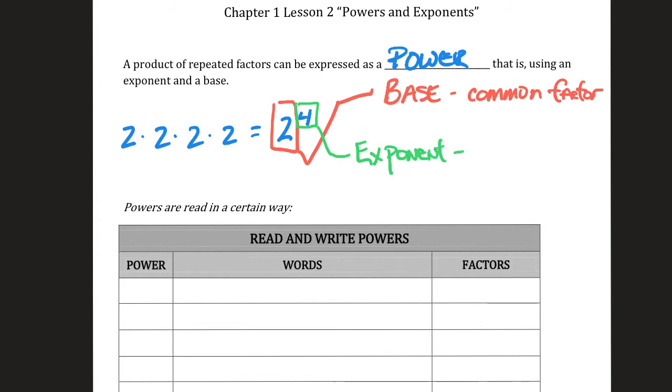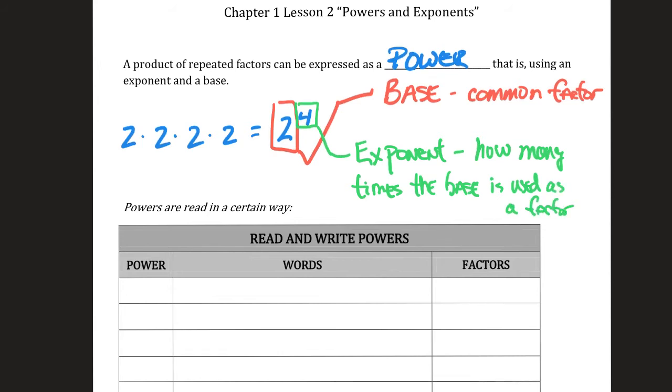The exponent tells us how many times the base is used as a factor. So essentially, the base is 2. The exponent 4 tells us how many times you multiply 2 by itself. So 2 times 2 times 2 times 2 would be 2 to the power of 4.